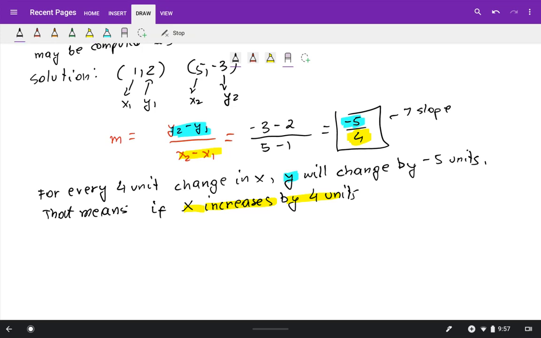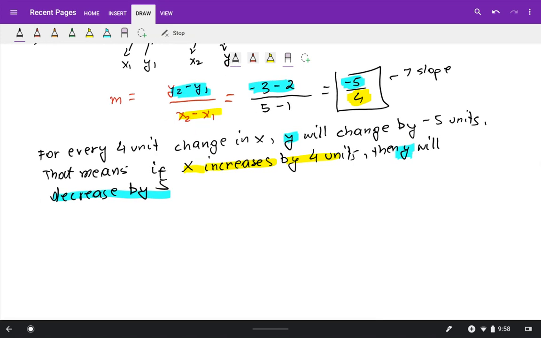So when x increases by 4 units, what's going to happen to y? Then y will decrease by 5, because the change of y is a negative number. So that's the meaning of the slope.